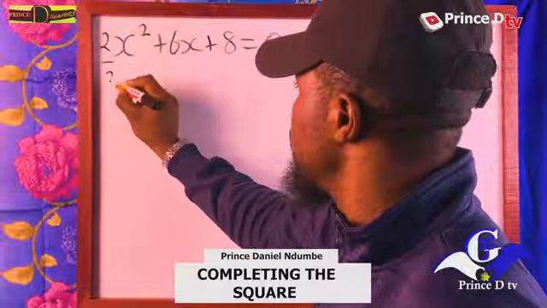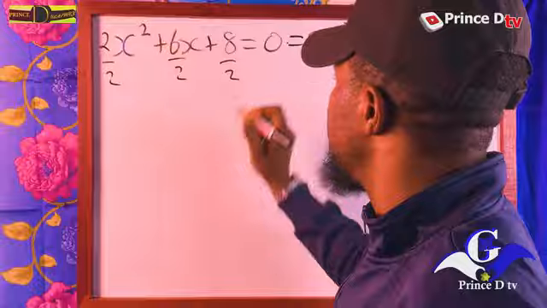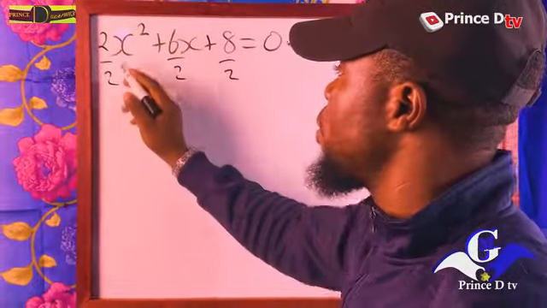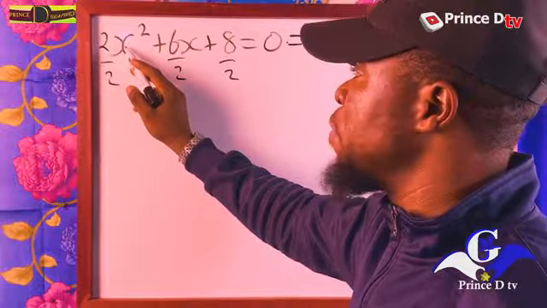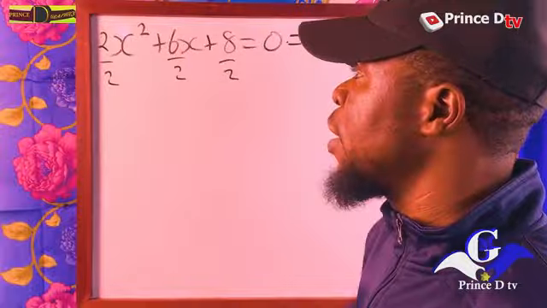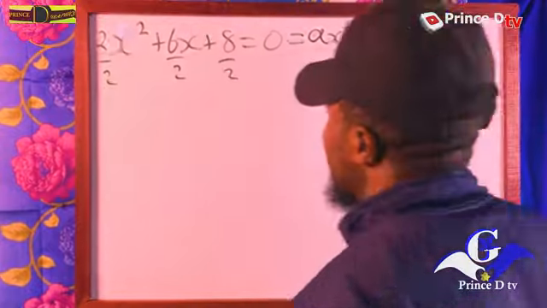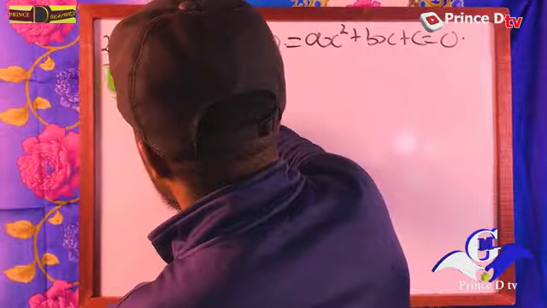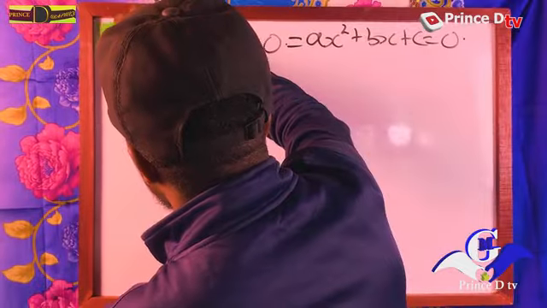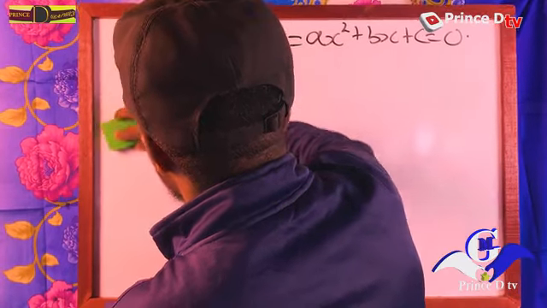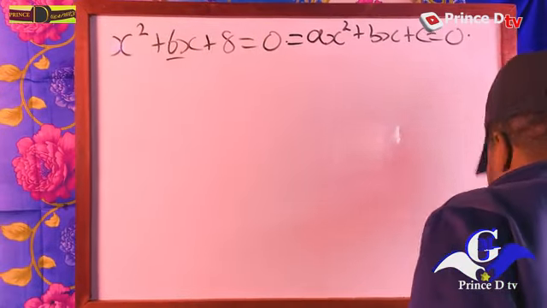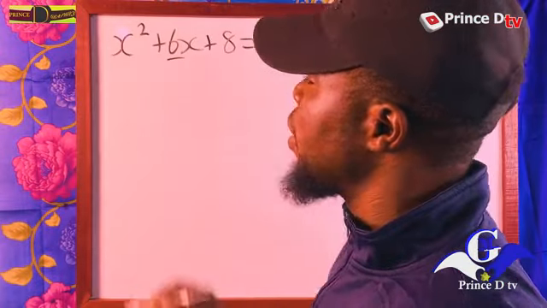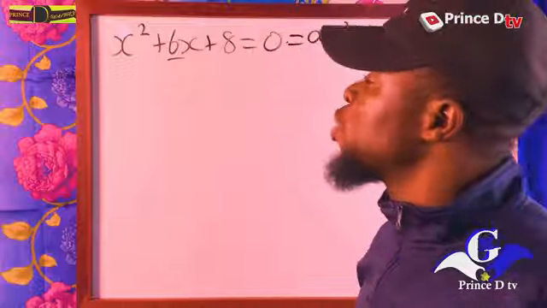So if we had to, we'll divide all through by 2. And of course, when we divide 2 by 2, you now see that the coefficient of x squared will be 1. But again, this is a very straightforward quadratic equation. Since our quadratic equation is simply x squared, we divide all through by 1 to make it standard.